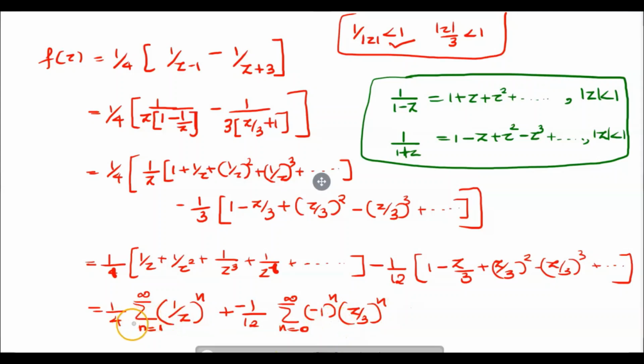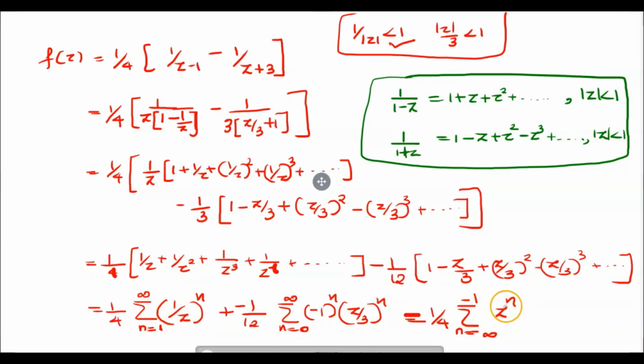Also we can write this, n equal to 1 to infinity, 1 by z raised to n, as z raised to minus n. Or we can write it as 1 by 4 into the series n equal to minus infinity to minus 1, z raised to n, where I reverse the sum so 1 by z becomes z.